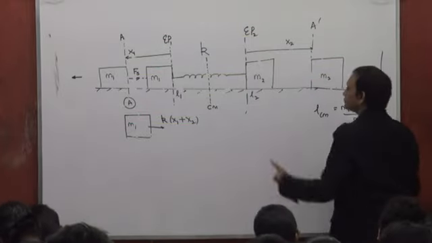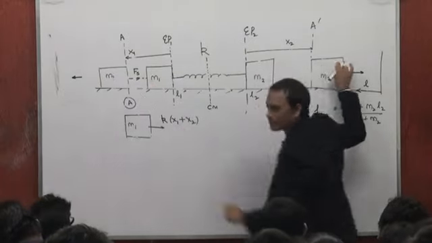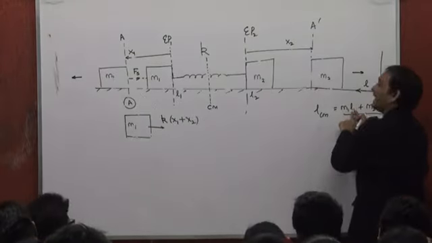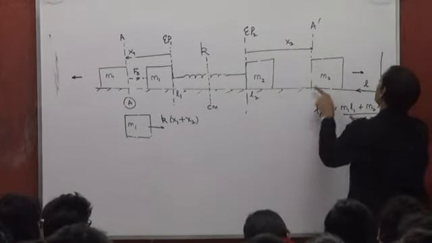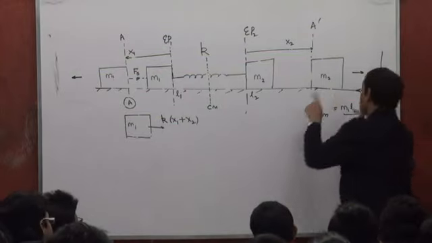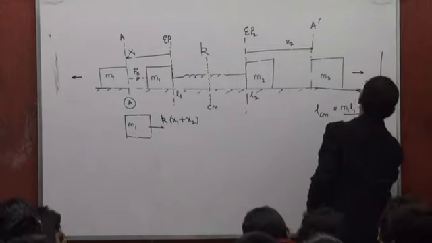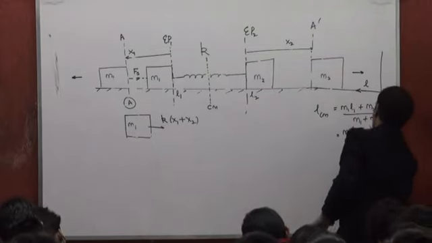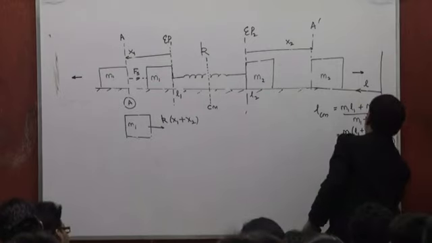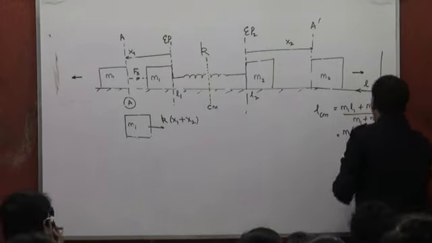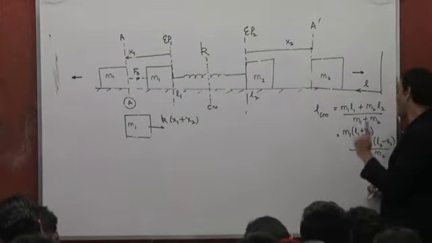Now, when the two masses m1 and m2 are in their final states, A and A prime, then this L1 becomes L1 plus x1 and this L2 becomes L2 minus x2. So then the center of mass becomes (m1 (L1 plus x1) plus m2 (L2 minus x2)) by (m1 plus m2), and that will also give me the L coordinate of the center of mass. The same L is going to be obtained, right?